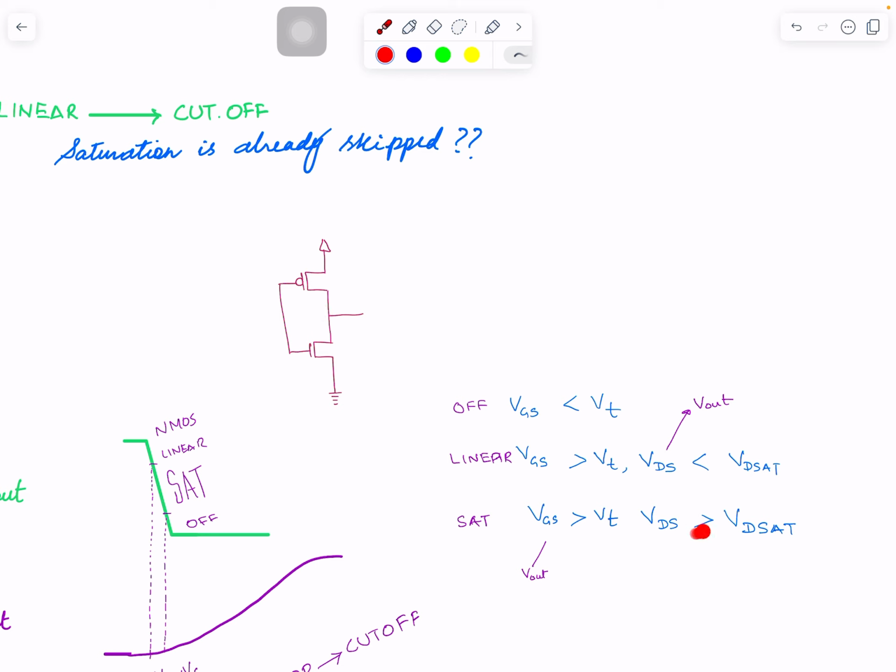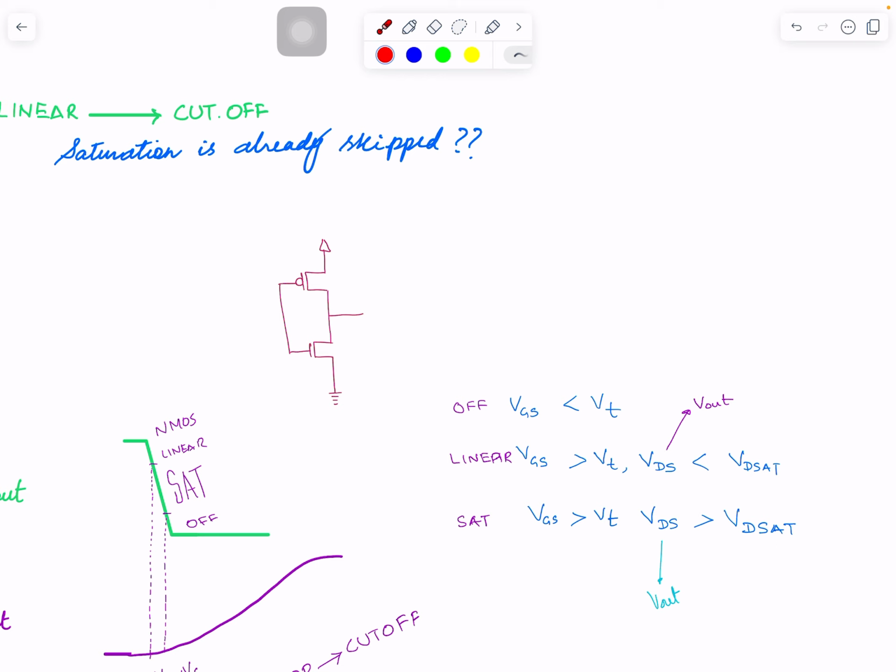So we have this situation where gate to source voltage is more than VT and drain to source voltage, or output voltage, is, sorry, not this one. This is wrong. Drain to source voltage is Vout. This voltage is greater than VDSAT. Again, VDSAT, I have a whole video, so I will not go into detail on that.